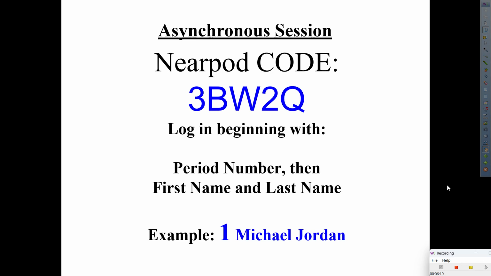All right, copy this code to access the home plate. 3BW2Q. 3BW2Q. Write that down.